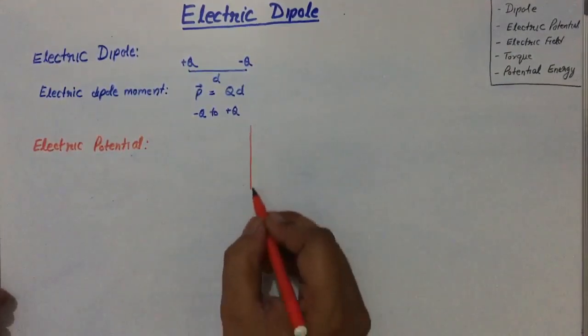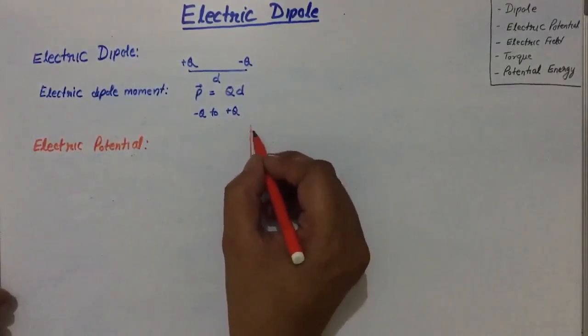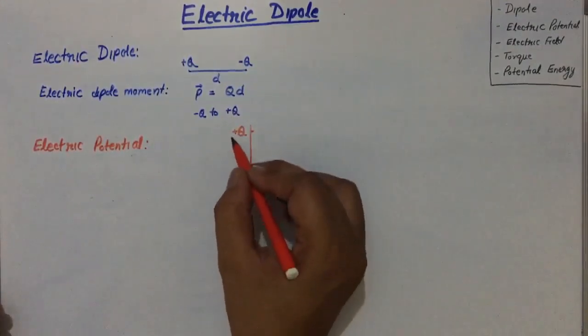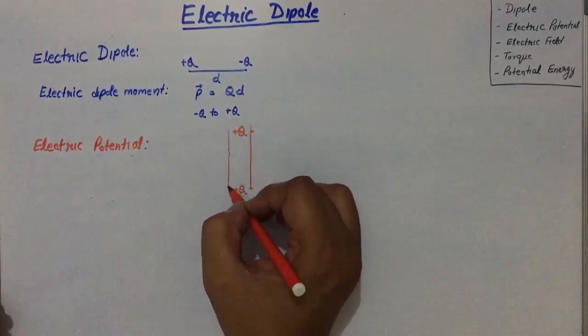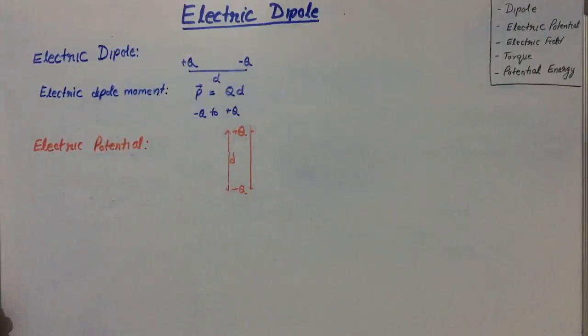This is the dipole, negative charge, positive charge, and the separation should be very small. The separation between these two is d.